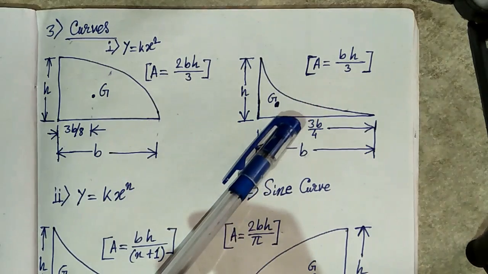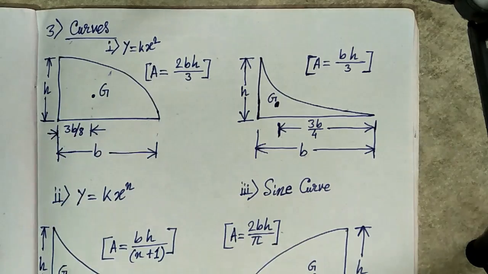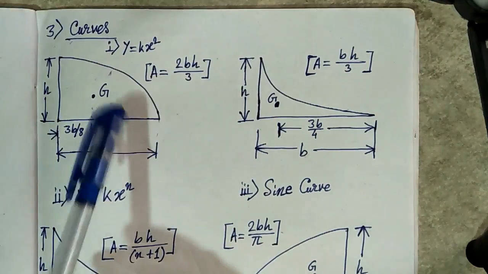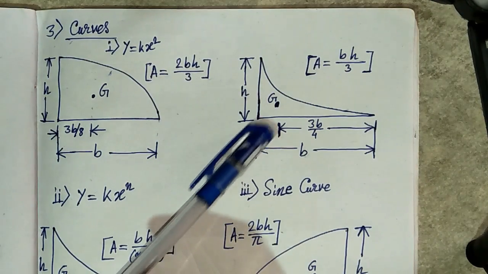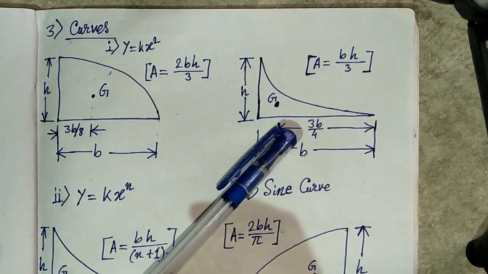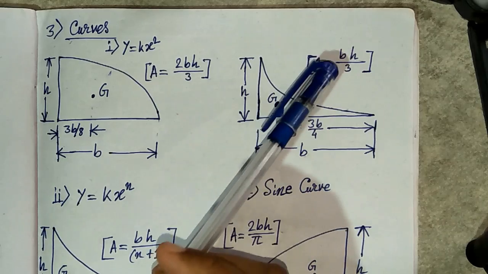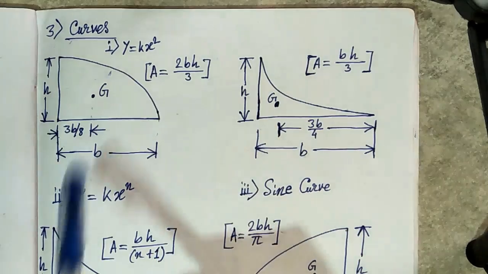Similarly, this is also a parabolic curve. The height is h, base is b, the CG distance for this portion is 3b by 4, and the area is bh by 3.